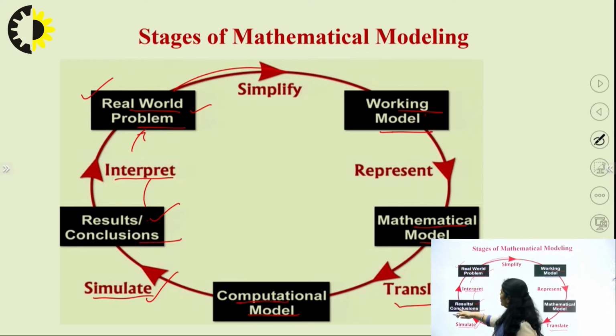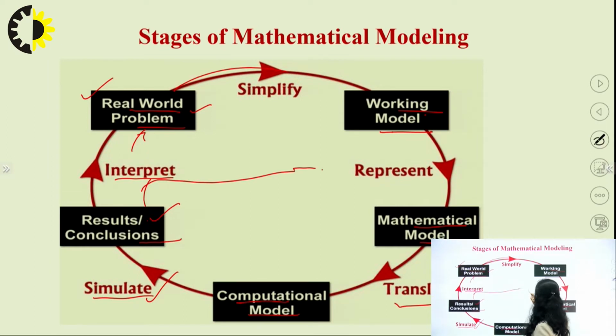If there is any deviation, then again we will establish the relationship, or write the equation. We will again move to this stage here. If we get the deviation, we will again construct the equations.